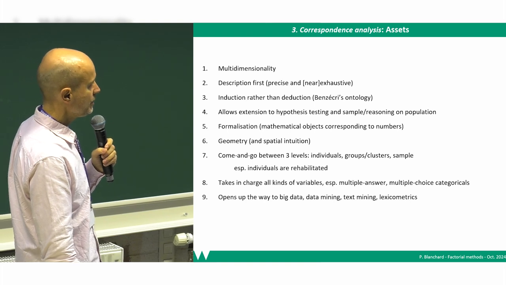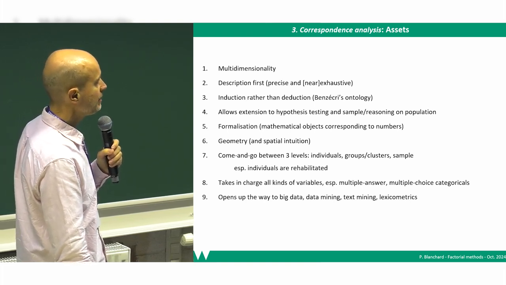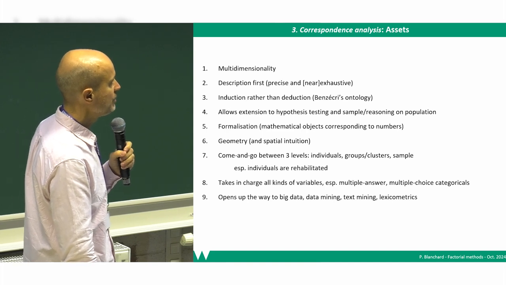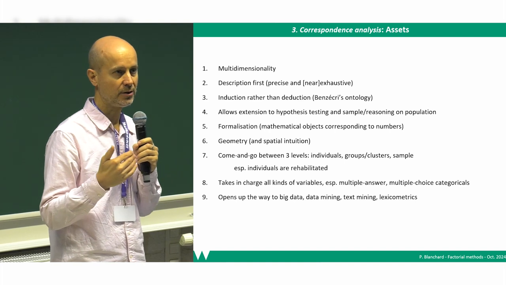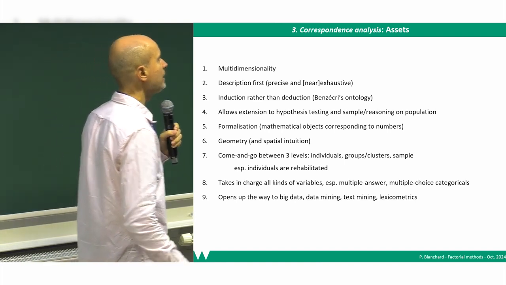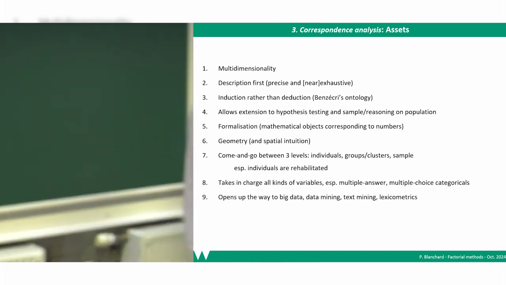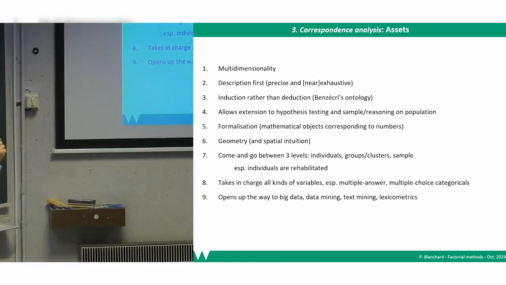Allows extension to hypothesis testing, formalization into mathematical objects and geometrical objects, so you can use spatial intuition. Come and go between the 3 levels, so we'll be able to materialize individuals, groups, clusters, and the whole sample.